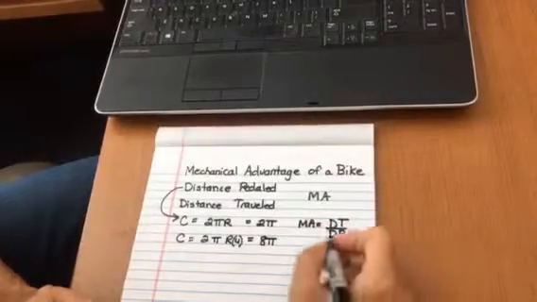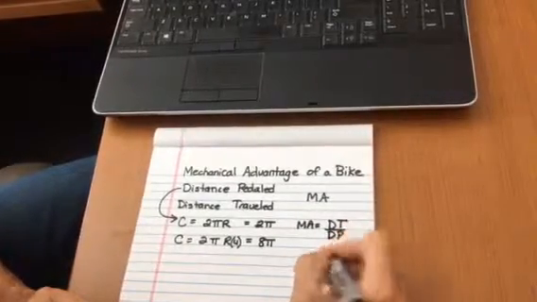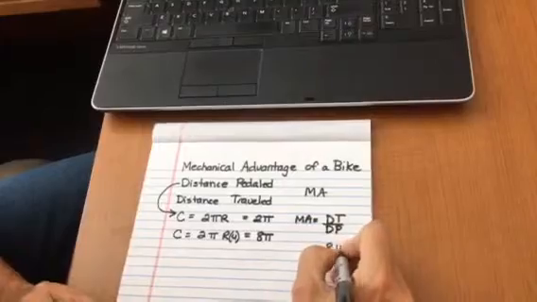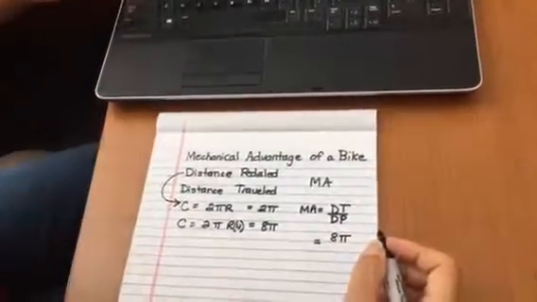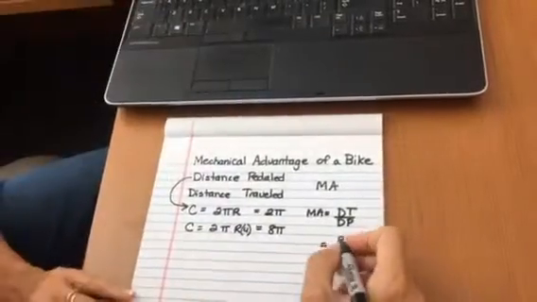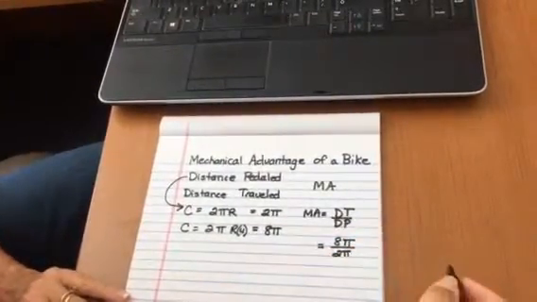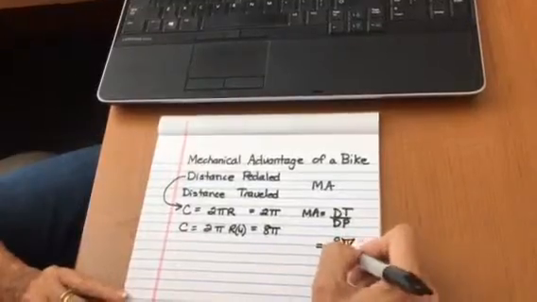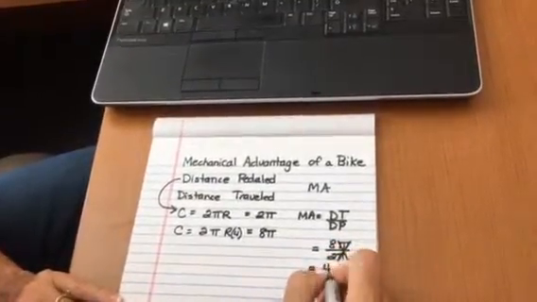In this case, our distance traveled is going to be 8 pi, which is the circumference of the big wheel, and the distance pedaled is only 2 pi, which is the circumference of the smaller wheel. So the pi's cross out and we have a mechanical advantage of 4.